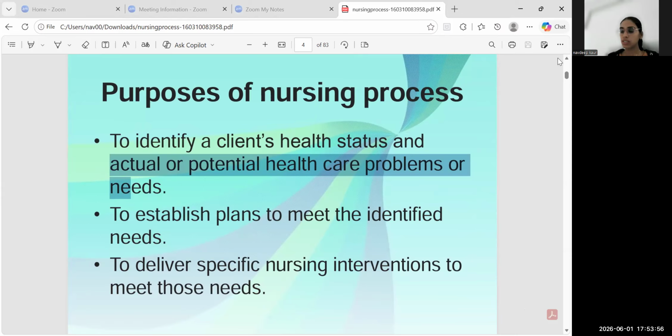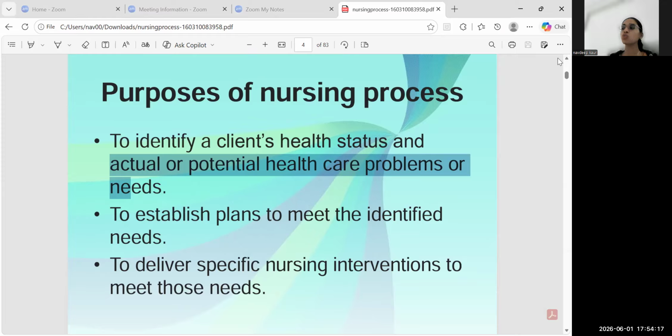While using the nursing process steps, we are going to identify the health status of the client as well as their actual as well as oncoming healthcare problems or needs, so that we can make a care plan according to those needs.